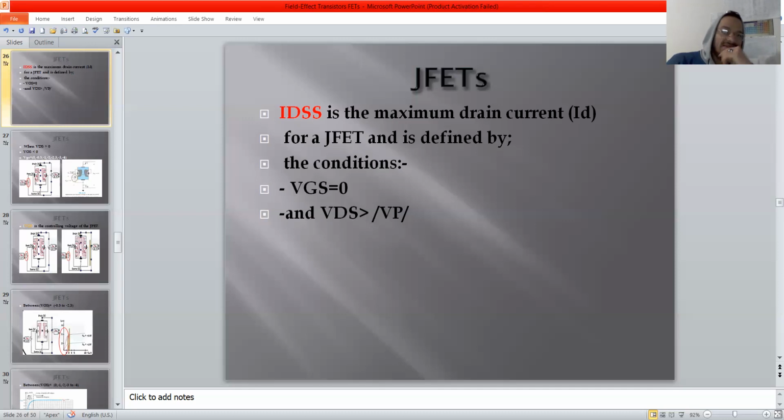Let's take a look at that. The depleted MOSFET has an N channel like that, and the arrow goes in. The depleted MOSFET of P type, the arrow goes out.